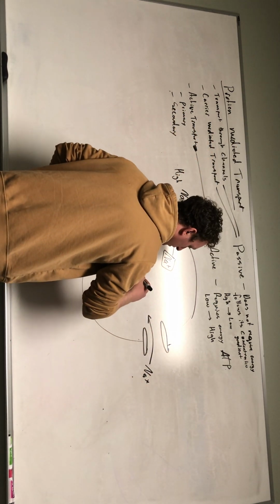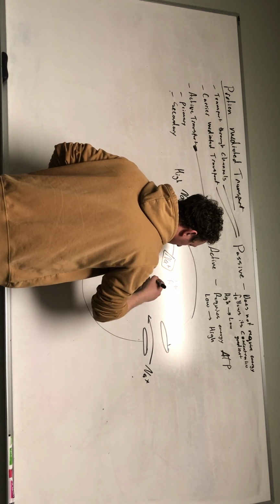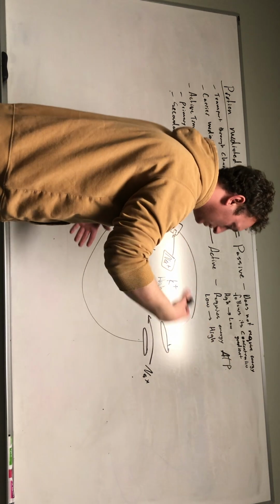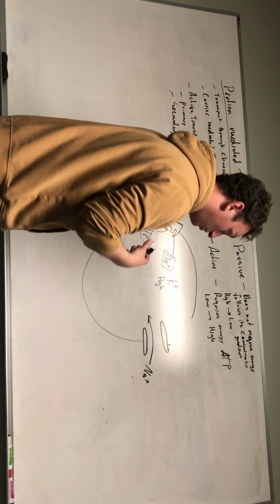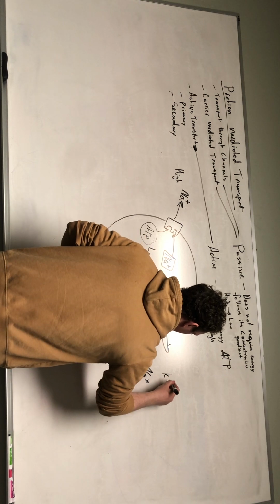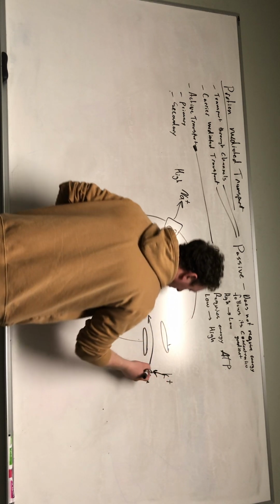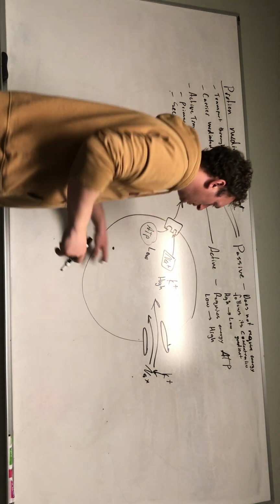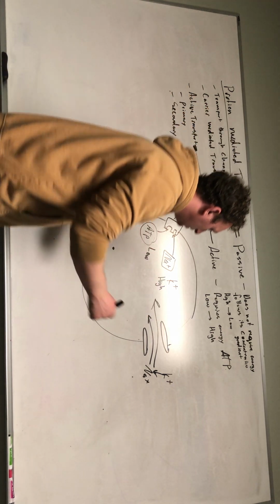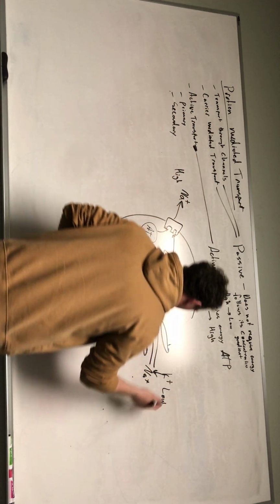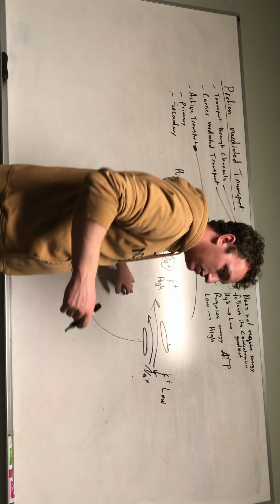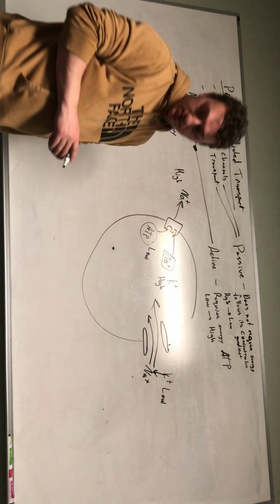Let's say we have potassium, but potassium is high on the inside, so potassium isn't going to come through on its own without some energy from something else. So let's say we have potassium out here. The potassium will hitch a ride with the sodium through, so then it achieves active transport because it's moving from low to high, whereas sodium is moving with its gradient from high to low. And you can also have the opposite happen.